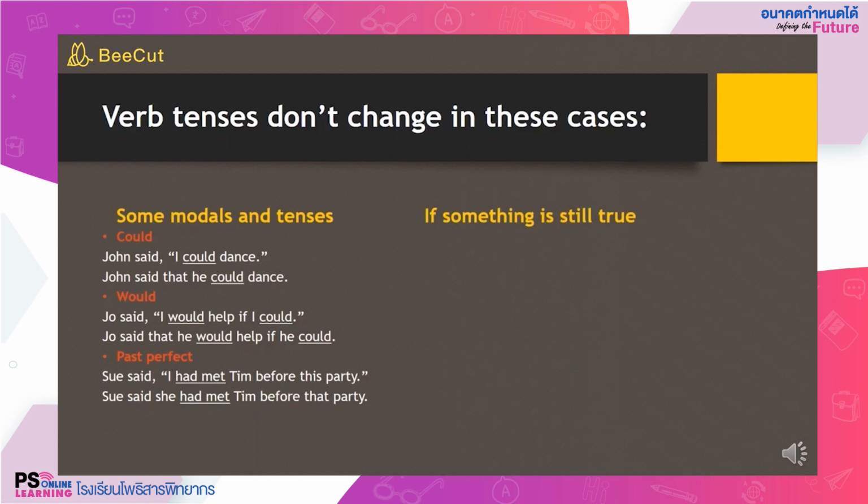There is another case that you do not need to change the tense of the verb. If something is still true. For example, Dina said, "I am a teacher," and we know that she is still a teacher. So the reported speech would be, Dina said that she is a teacher.